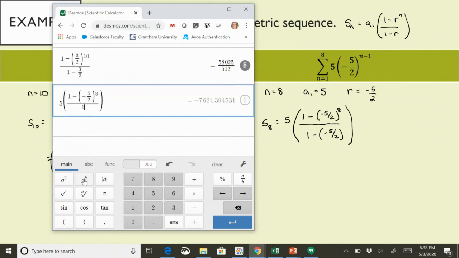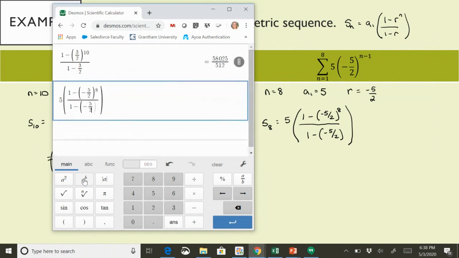And then our denominator, 1 minus negative 5 halves. So you can see, again, we get a really nasty looking decimal, but we can also convert that to a fraction right here. So I will write it. Really nasty looking fraction. They're both really nasty looking.